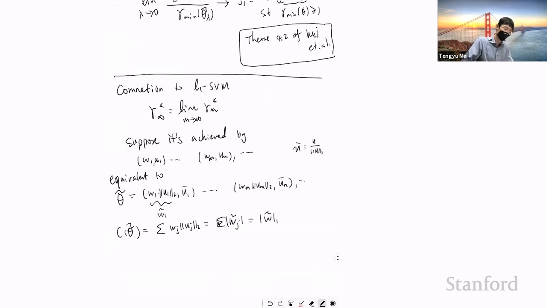Basically, after you change this viewpoint, you just view W1 tilde as the variable, and then you are doing some kind of sparse linear regression or sparse SVM.